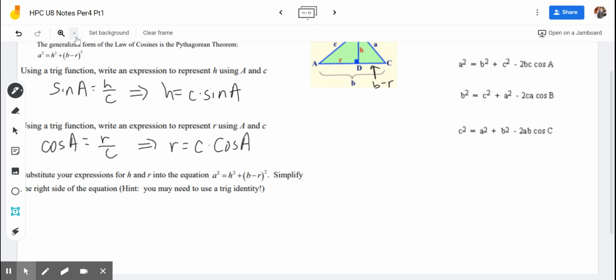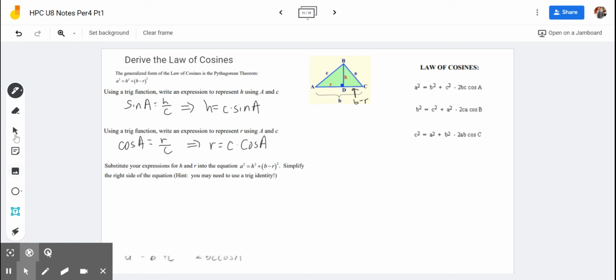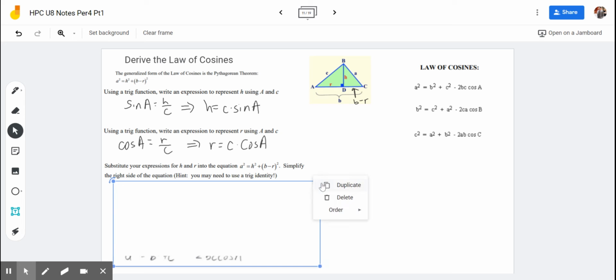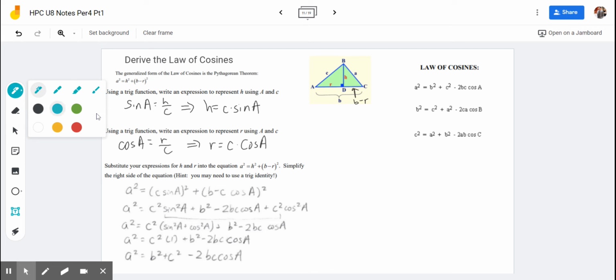Let's zoom out a little bit and see what's going to happen. In place of h, we're subbing in c times sine of A.